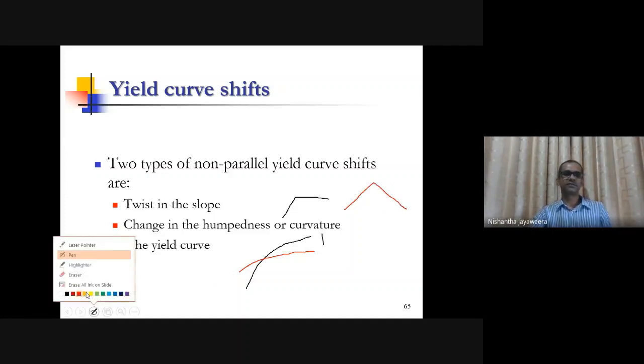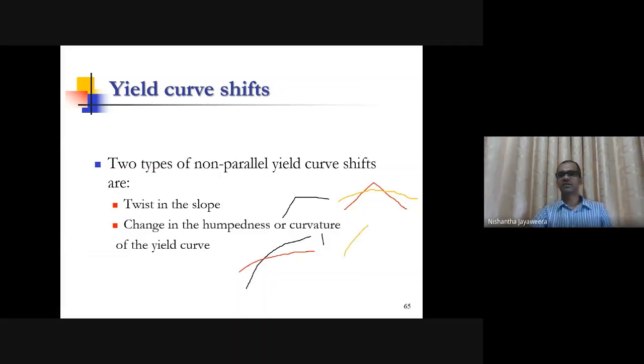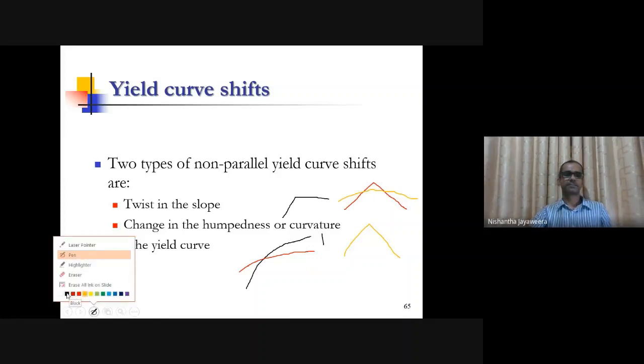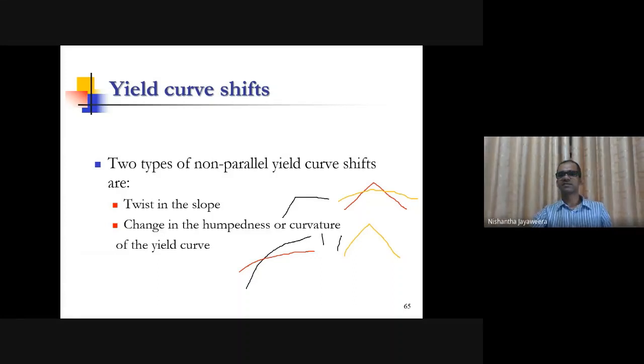After the change, it can be something like this, or it can be the other way around. Yield increases, but like this.